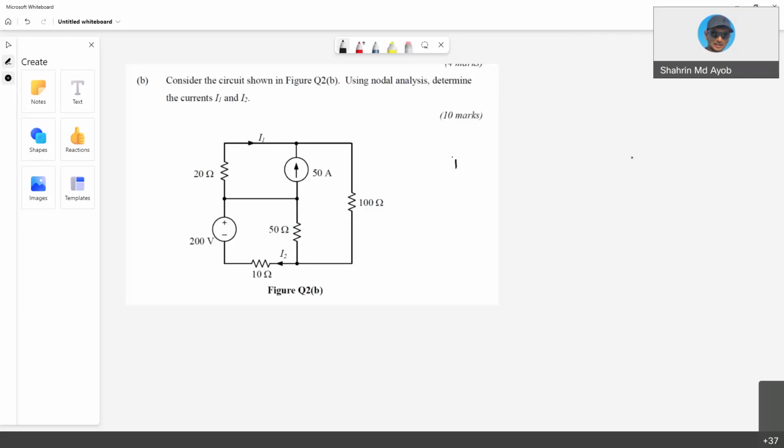My answer for I1 is negative 41 and my I2 is 11 amperes. Please double check whether you get the same answer.